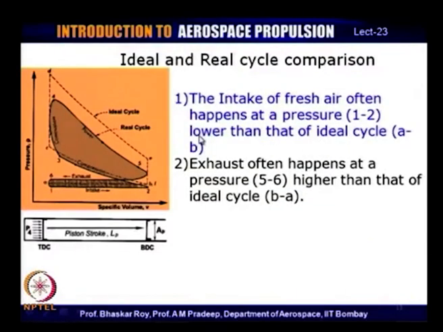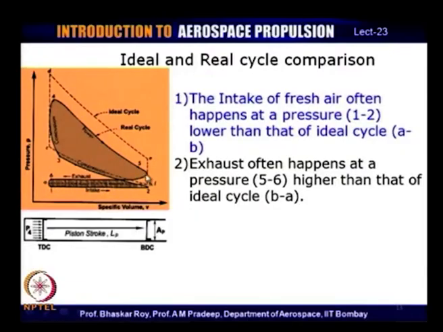Let us get into them a little more in detail. The intake of the fresh air, let us start from the intake, often happens at a pressure which is a little lower than the ideal cycle. And as we shall see later on, the exhaust often happens at a pressure higher than that of the ideal cycle. It starts from here and it goes around here, and then this is how the intake occurs.